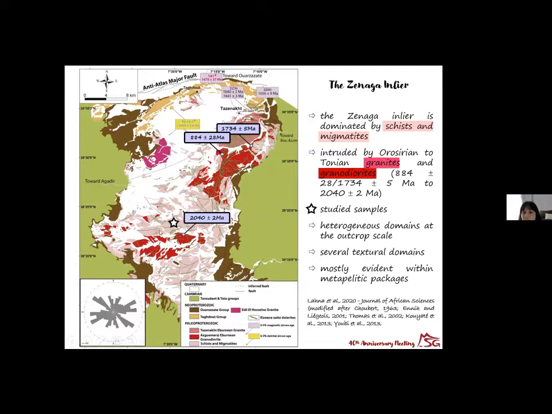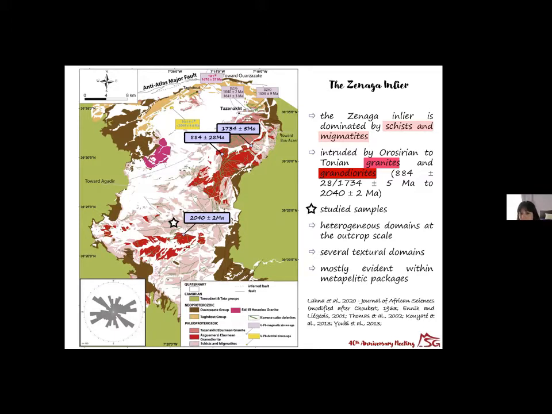And these migmatites are intruded by granites and granodiorites of different ages, and particularly those that are close to the area where we made the sampling are 2,040 million years.